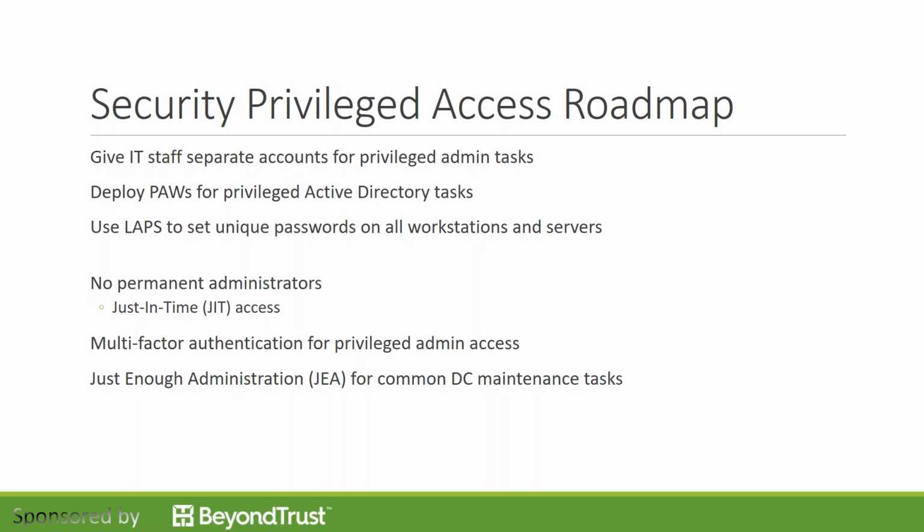Now you can deploy a system for populating those groups, for instance just-in-time access, which you can do with Microsoft products if you want, and that's basically just the concept of populating those groups just in time, or at the moment that those privileges are required, and for no longer. And as soon as the job is done, you just take those privileges away.